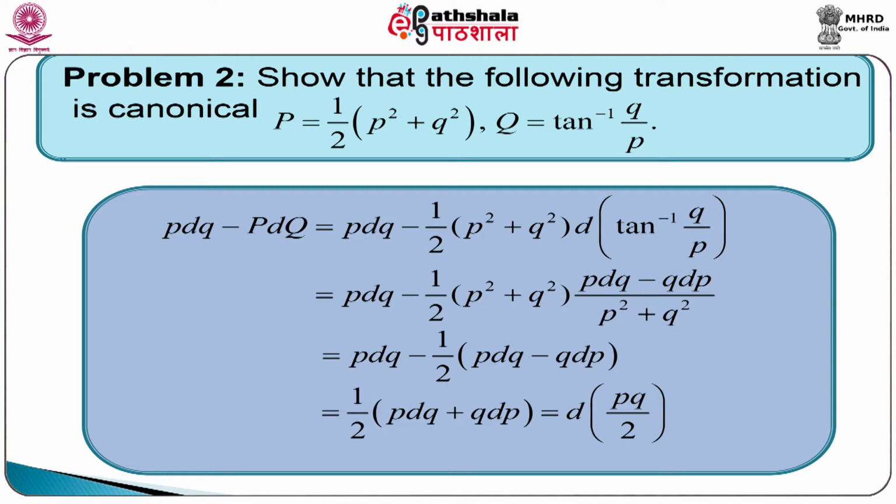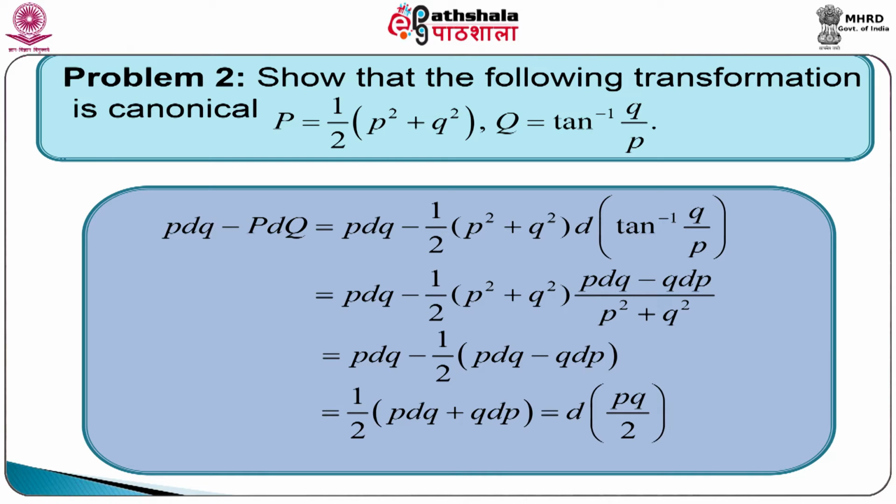If we replace capital P from the given expression and taking the differential of capital Q, we get the second term in the right hand side of the equation. Taking the differential, we get the next line. After simplification, we can get the third line.